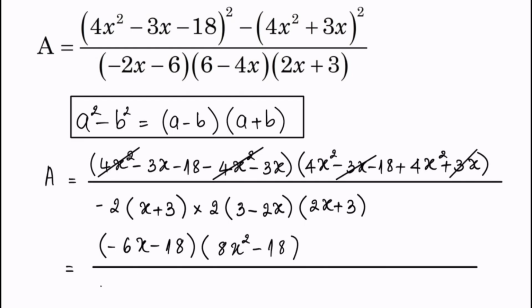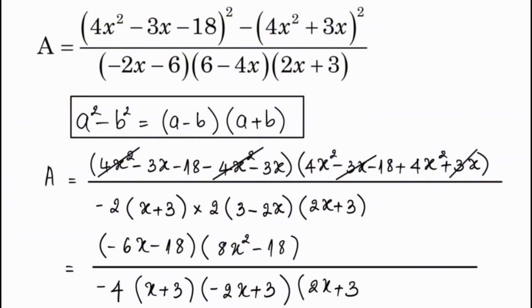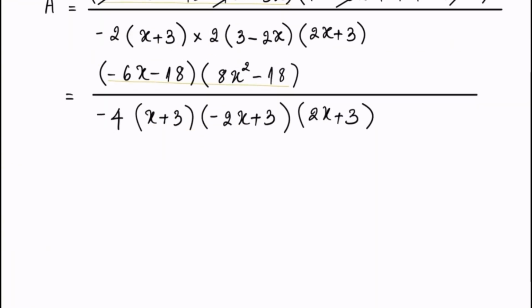Okay, and then we have 4, which is 2 times 2, we have negative 4, and then we have x plus 3. Then I can write negative 2x plus 3, and then we have 2x plus 3. Okay, keep going.